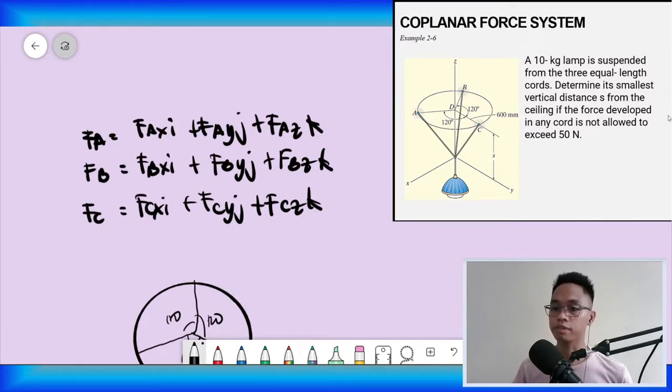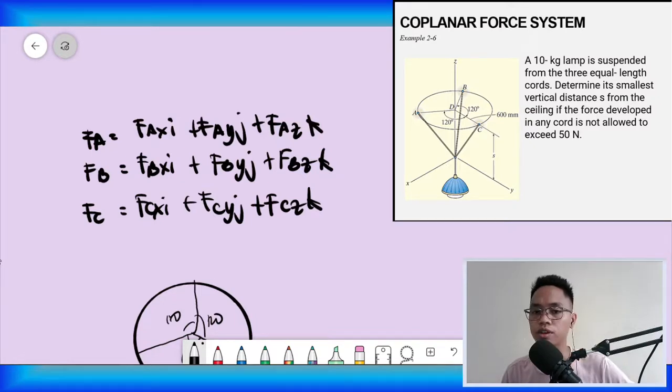Okay, let's start with A, the one on top. Our line A from the x-axis is 600 mm.